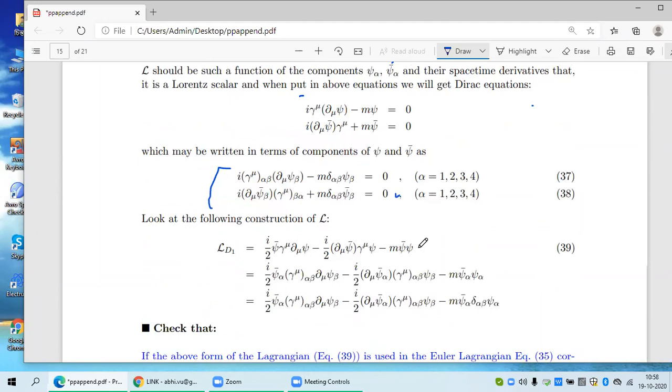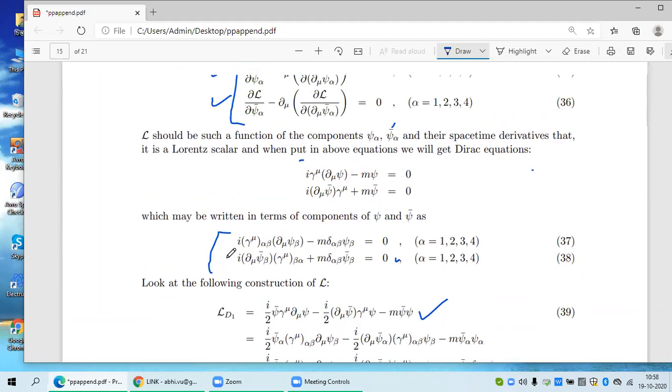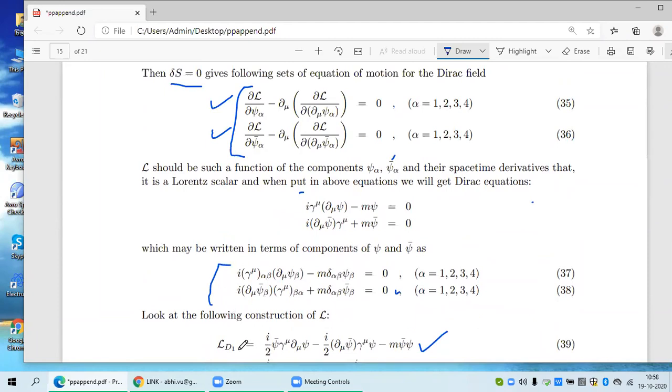I have written down this equation directly, and you have to verify. Put this Lagrangian L D1, D for Dirac, one form of this Lagrangian, put it here, and you will see we will get this.